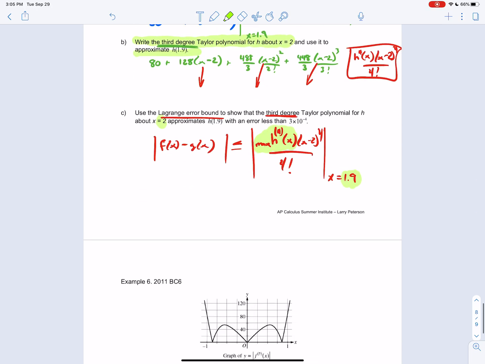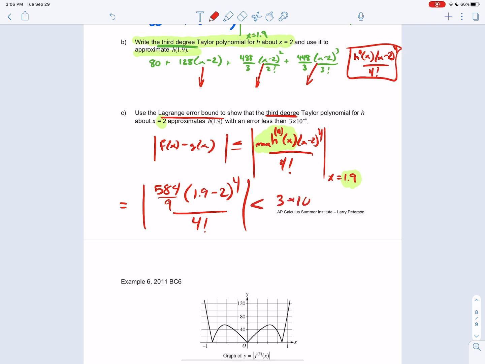Okay? So we have equals 584 over 9, 1.9 minus 2 to the fourth over 4 factorial. And because you know that this is right, you can be cool about it and just say that this is definitely less than 3 times 10 to the negative 4. Because that's what they're asking for. Right there.